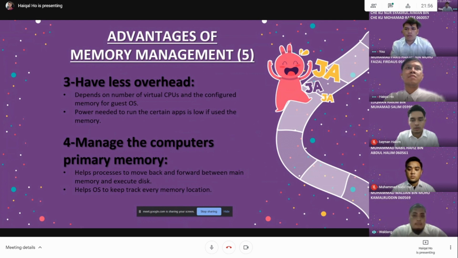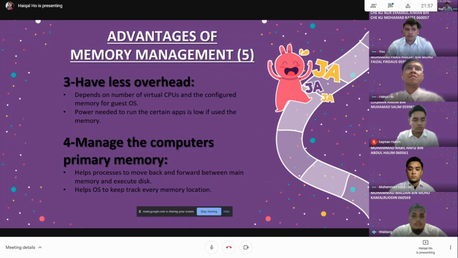Then, memory management also manages the computer's primary memory. It is the most important function of an operating system that manages primary memory. It helps processes move back and forward between the main memory and the execution disk. It helps the OS keep track of every memory location, irrespective of whether it is allocated to some process or it remains free.